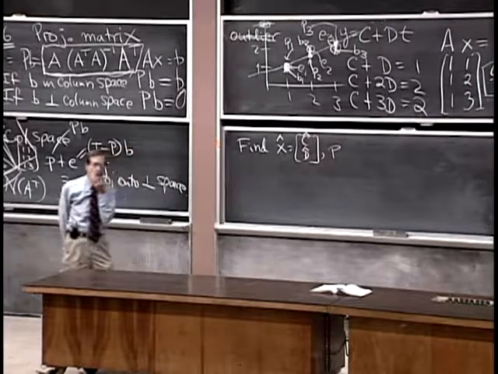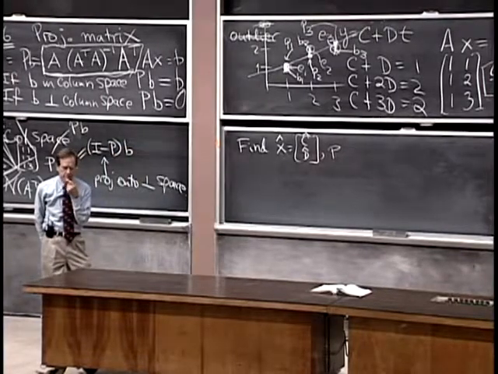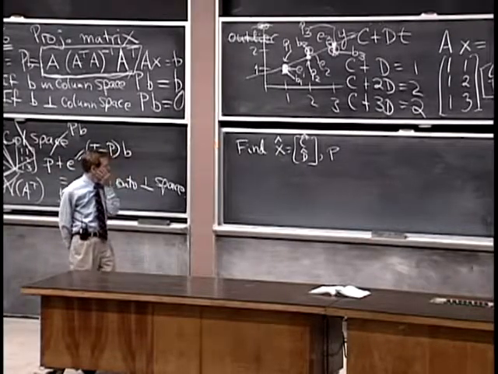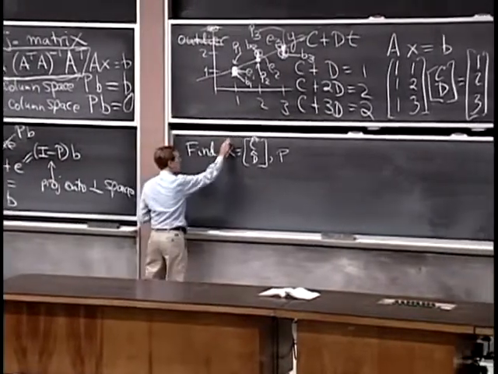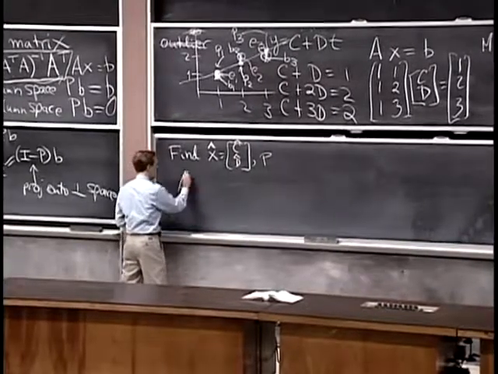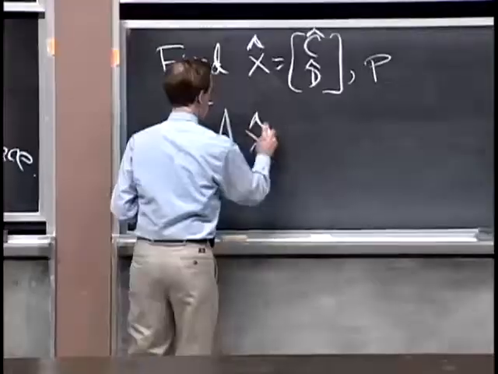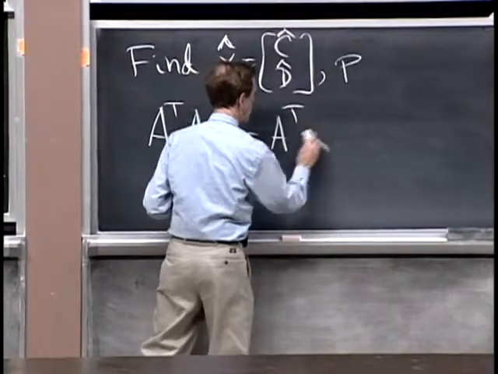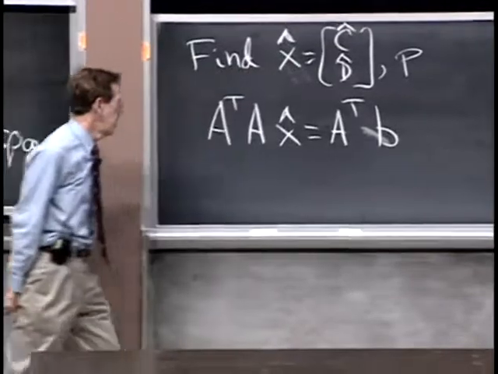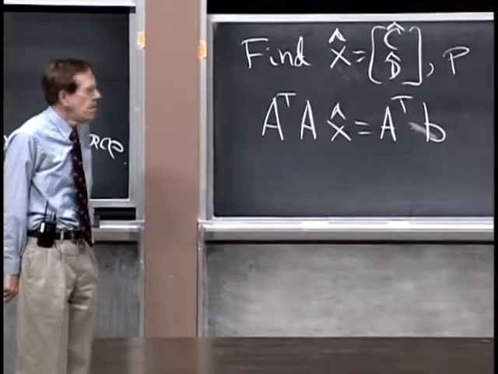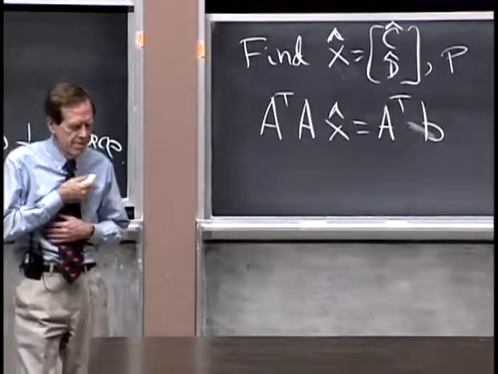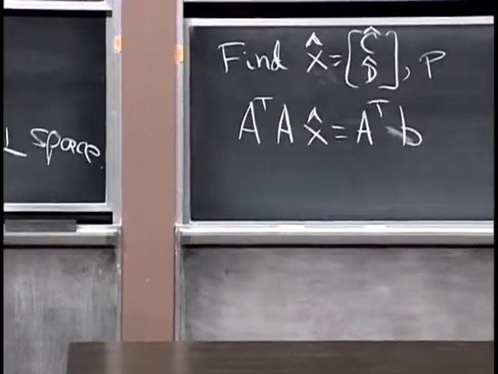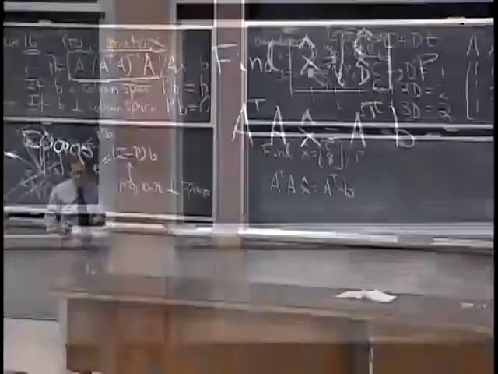Okay, how do I proceed? Let's just run through the mechanics. What's the equation for X hat? The equation is A transpose A, X hat equals A transpose B. I will venture to call that the most important equation in statistics and in estimation.